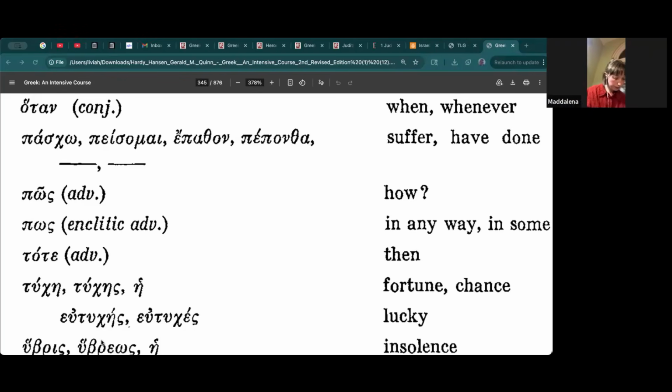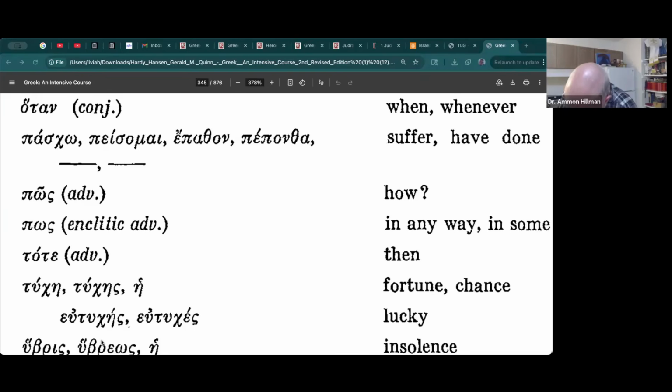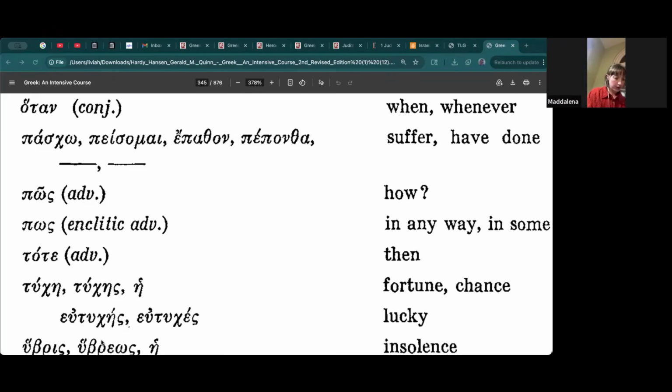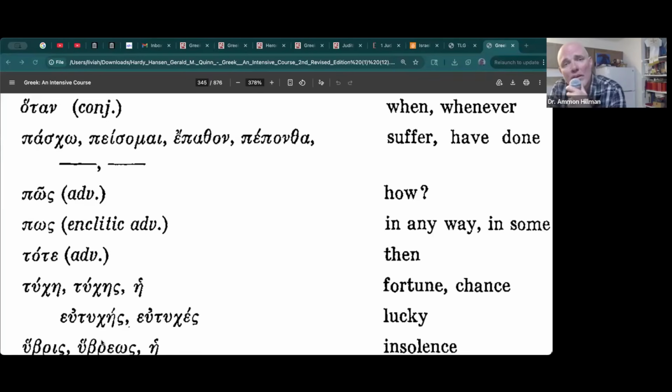Good. Hoi poietai autai, right? Oh God. Are they masculine or feminine? Autoi, they're masculine. The poets themselves, plural. Number 3, standing by itself as a pronoun. Now, look at how it's used as a pronoun. Epaideusamen auton.